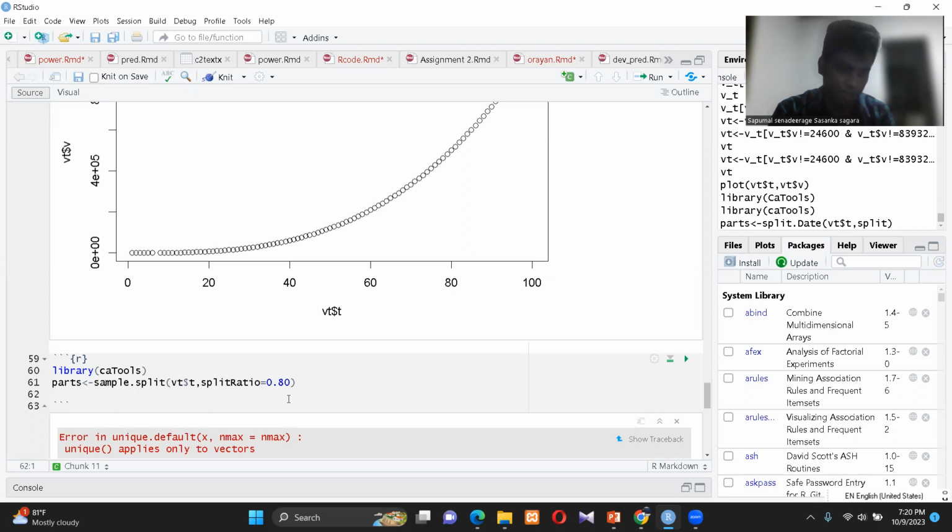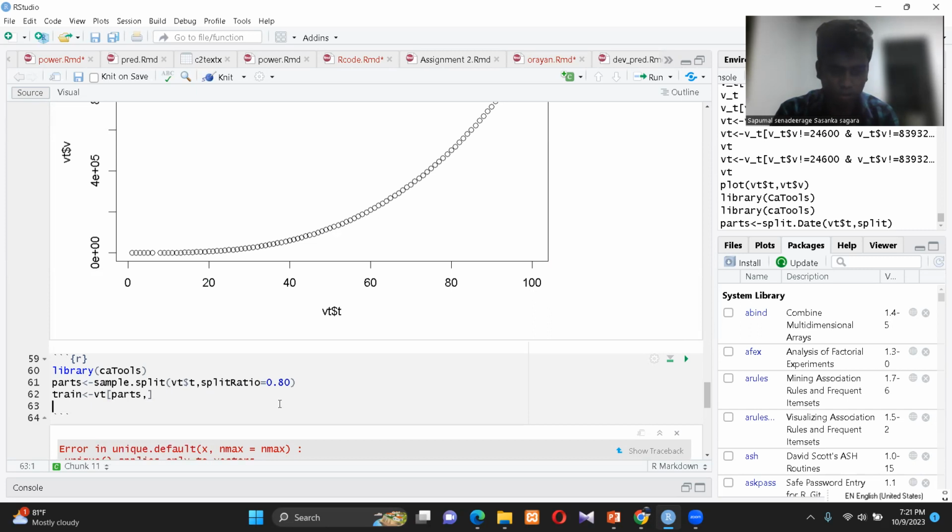Then parts train will include VT with all the columns, and test will include VT that does not include those parts.